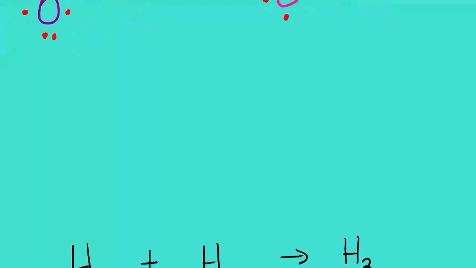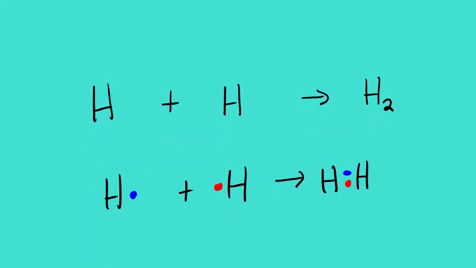So in this case, we can see that a single hydrogen atom only has 1. It's running short of 1 electron so that it reaches the octet state. So bonding with another hydrogen, it becomes ideal, or it becomes noble, or it reaches its octet state.